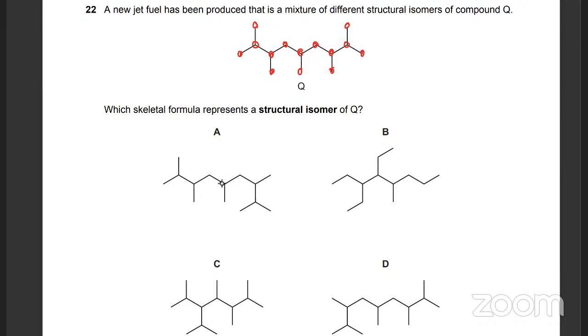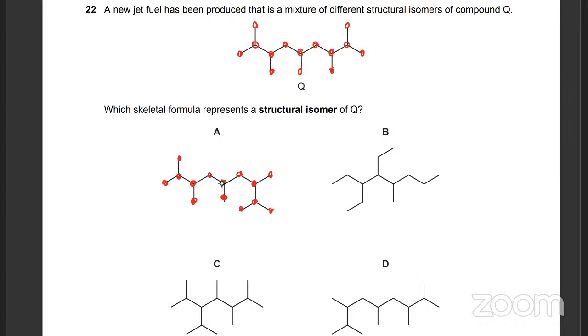It's an alkane, so you can count the hydrogens as well. That's 1, 2, 3, up to 14. So they have the same number of carbon atoms. Are they isomers? Are they arranged differently or not?